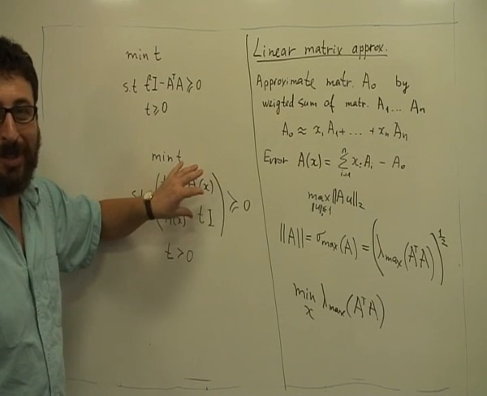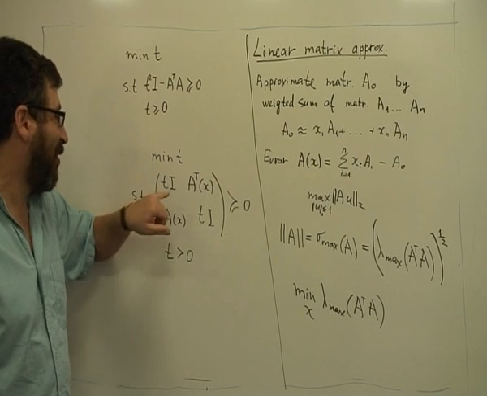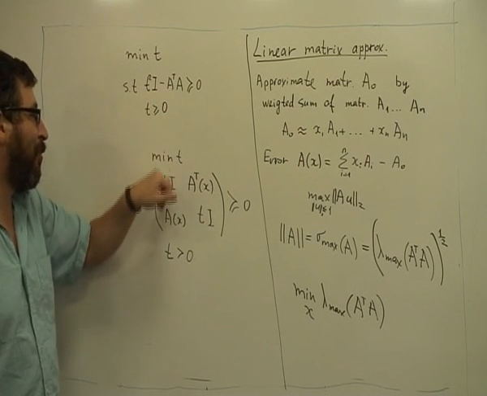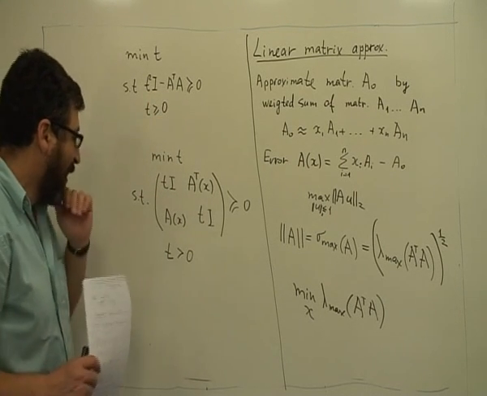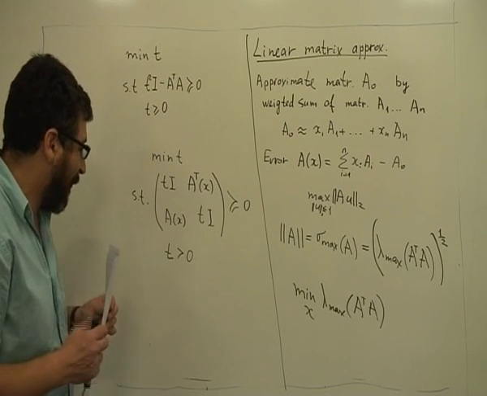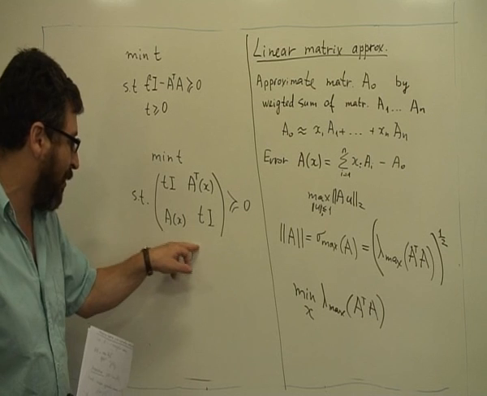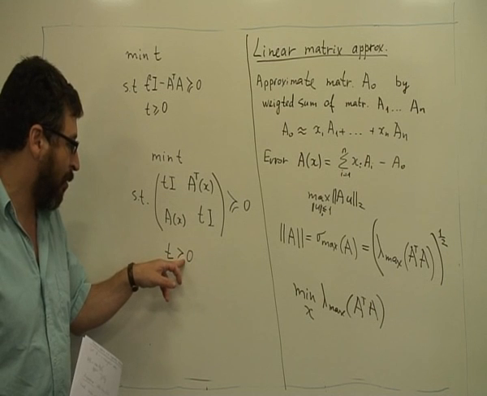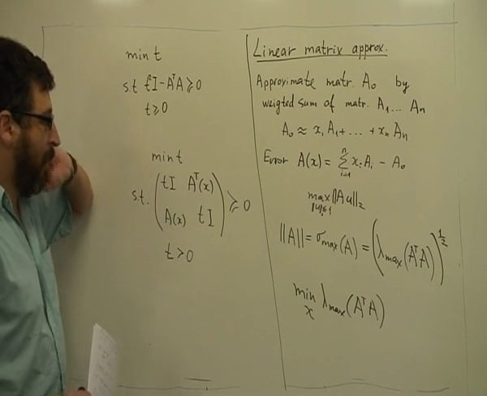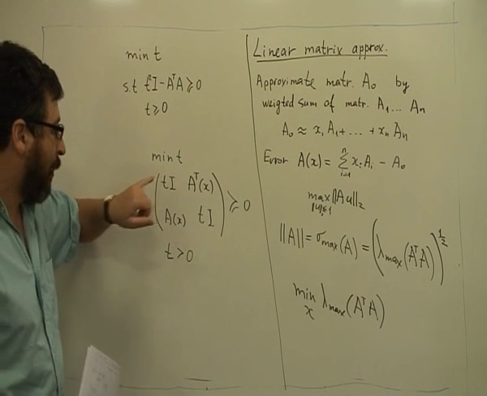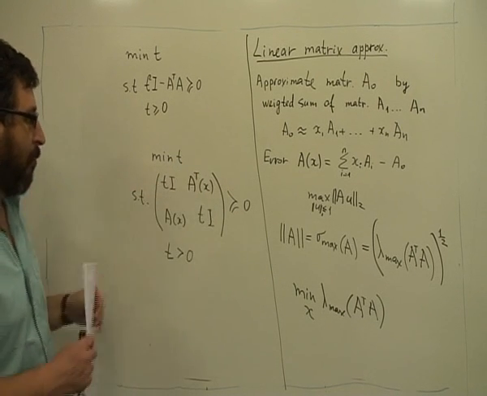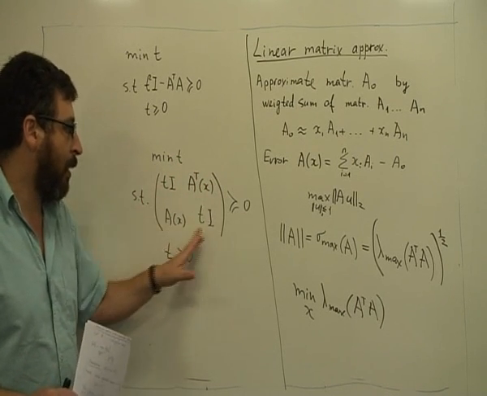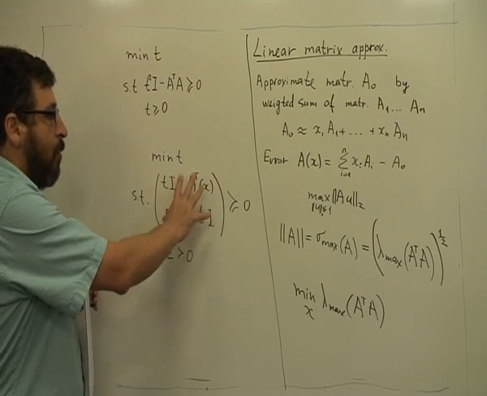It's a good homework task to check whether, using the Schur complement lemma, those two problems are equivalent. The only thing is I don't actually need the inequality t greater or equal, or even greater than 0, and I will explain why. Suppose I found a matrix which is positive semi-definite and it's not 0.